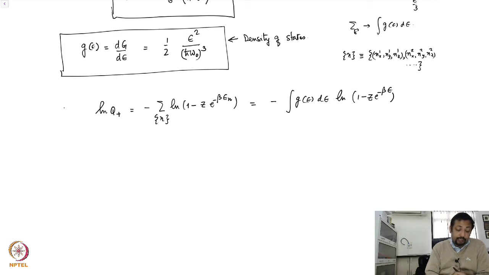In fact, in the calculation that we want to do later on, we do not need this grand canonical partition function. We want to calculate the critical temperature first.